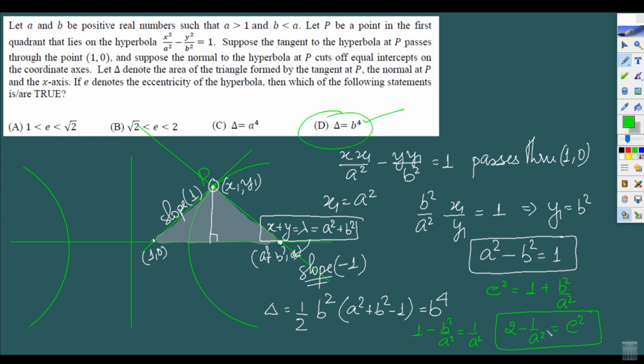This in itself is sufficient to say that e square is bigger than 1 because this is a hyperbola. Simultaneously, e square can be written as 2 minus 1 upon a square. 1 upon a square is all the time greater than or equal to 0. So e square is all the time less than or equal to 2. So e is less than root 2. So I get option A as the other correct one.